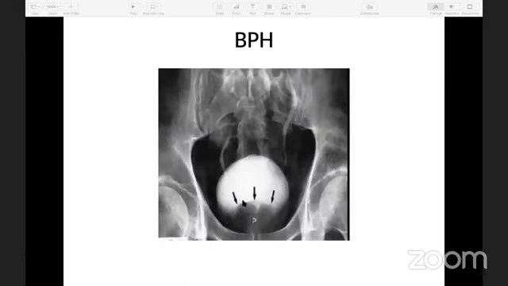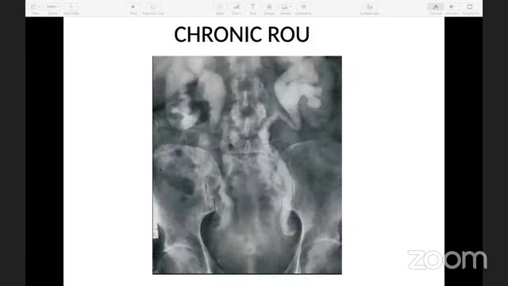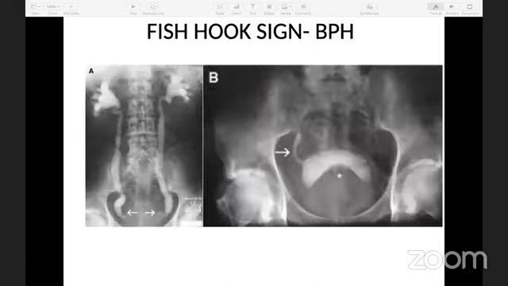Massive intravesical enlargement of prostate. Chronic retention of urine causing bilateral hydroureteronephrosis. Massive intravesical enlargement of prostate causing medial and cephalad deviation of both ureteric orifices, producing typical fish hook or hockey stick sign.